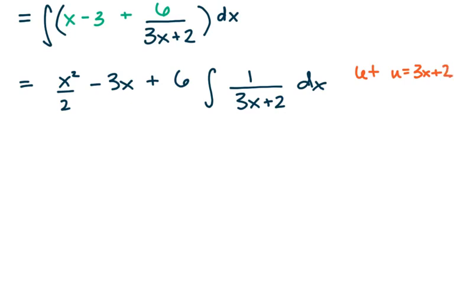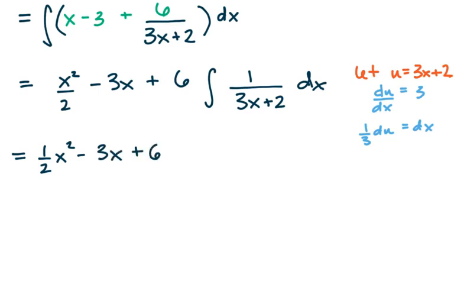And then that, of course, would give me that the derivative of u with respect to x is 3, or 1/3 du equals dx. So I have 1/2 x squared minus 3x plus 6, and now my integral looks like 1 over u, and then that dx is equal to times 1/3 du.